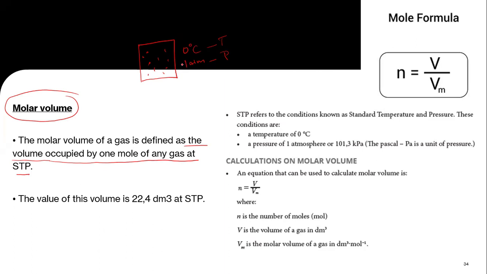The value of this volume at STP is going to be 22.4 cubic decimeter per mole. These are the units for this numerical value of molar volume.